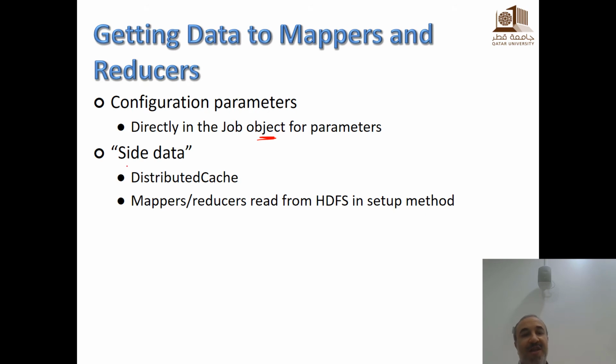What is the issue of the side data? Sometimes in some jobs you want to read a table from somewhere, or a specific file that you want to read within each worker. Maybe some dictionaries or something like that. You can do that in two ways.